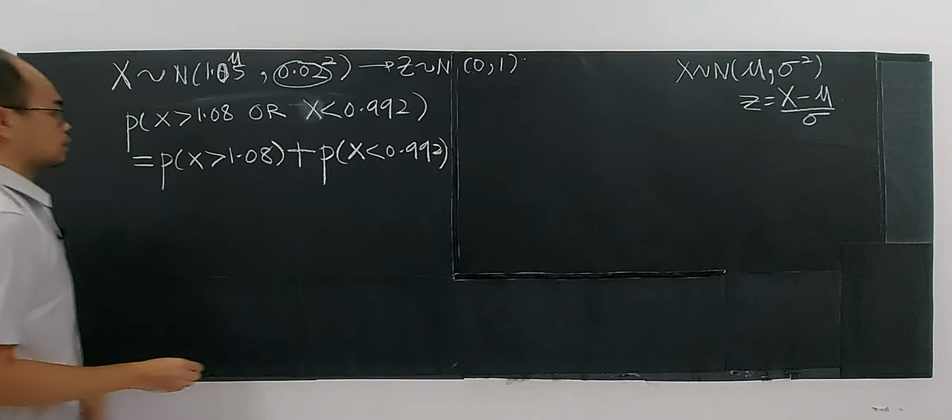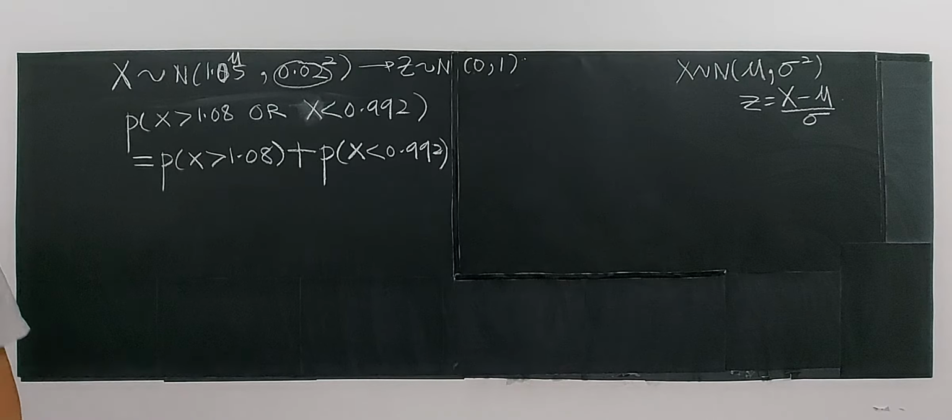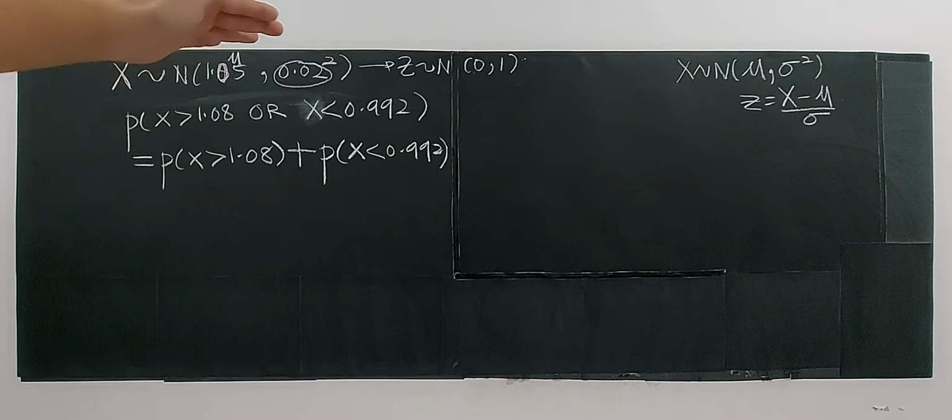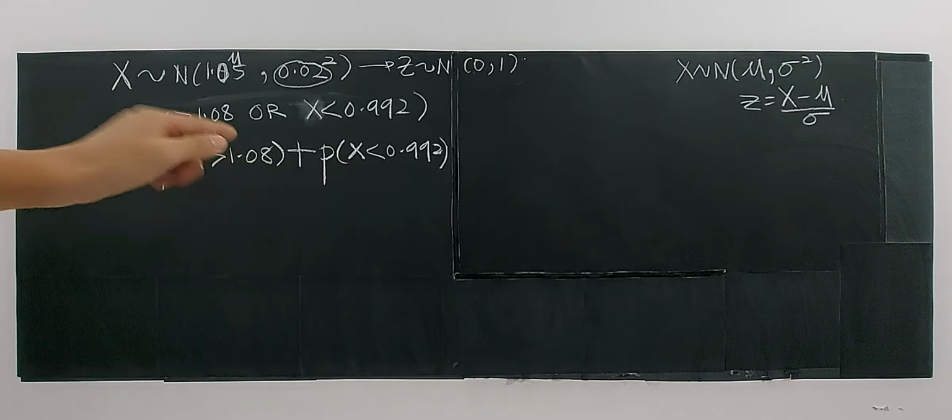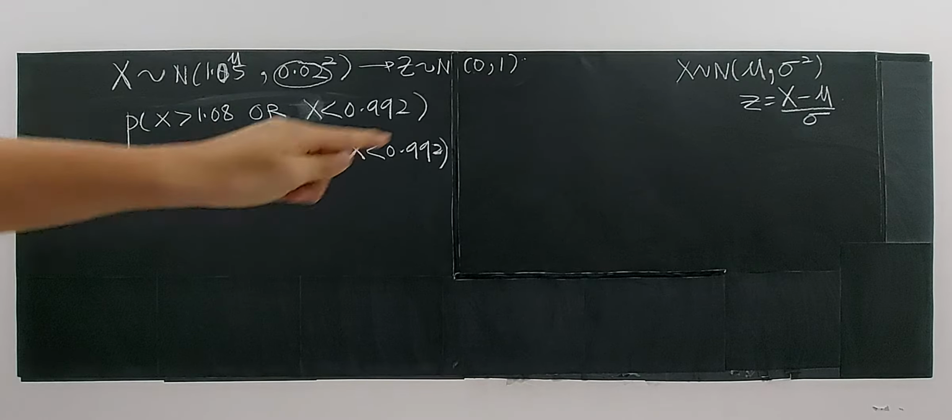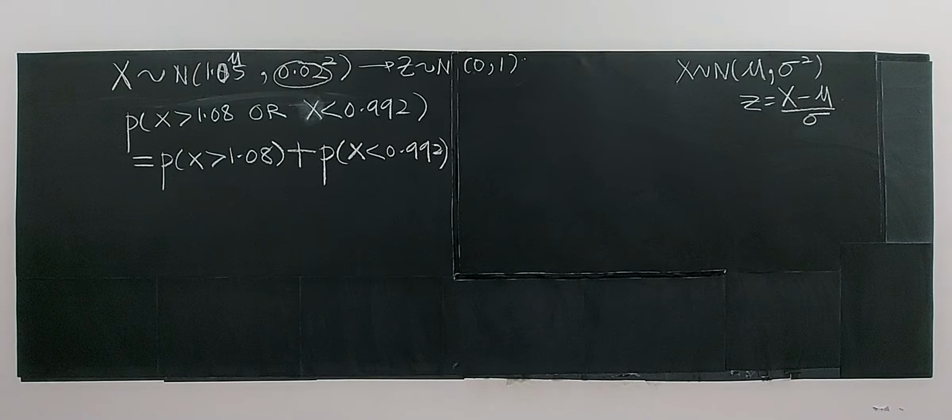If you want to find the probability for this type of case with this mean using the statistical table, we have to convert this into the Z-score by using this formula. So let's see how to convert this.